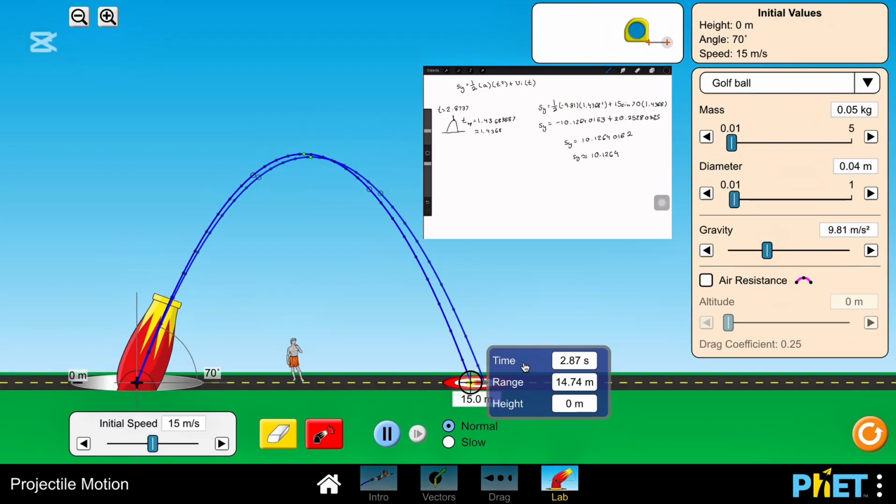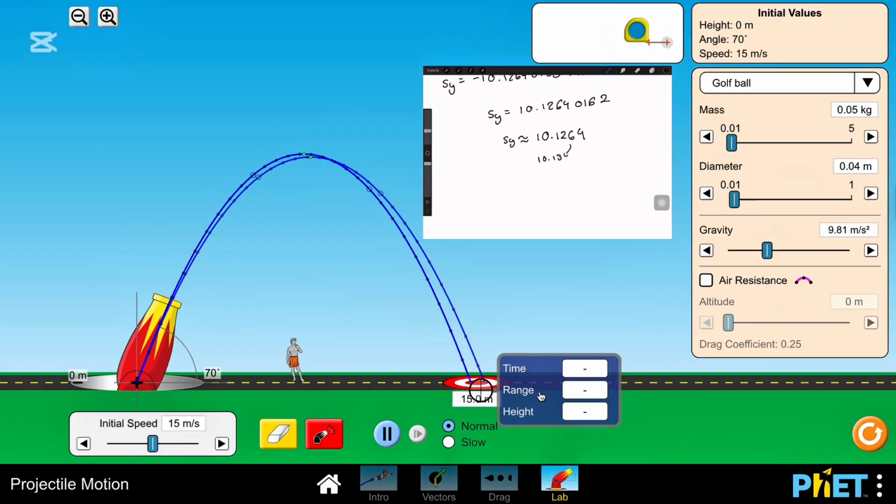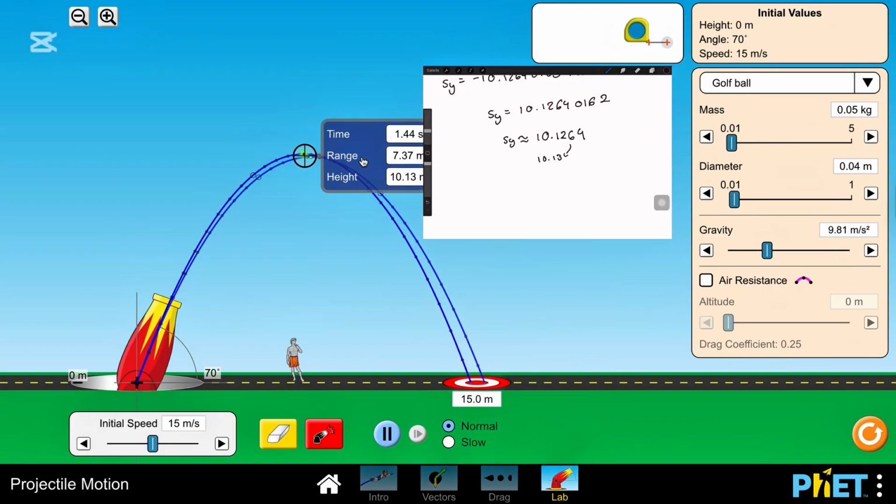Then the range, that is how far it traveled, 14.74. Same as it says there. And now we have to do the maximum. Okay, I think it's there. So the maximum height it reached, rounded to 2 decimals, is 10.13. But we proved that it's correct.